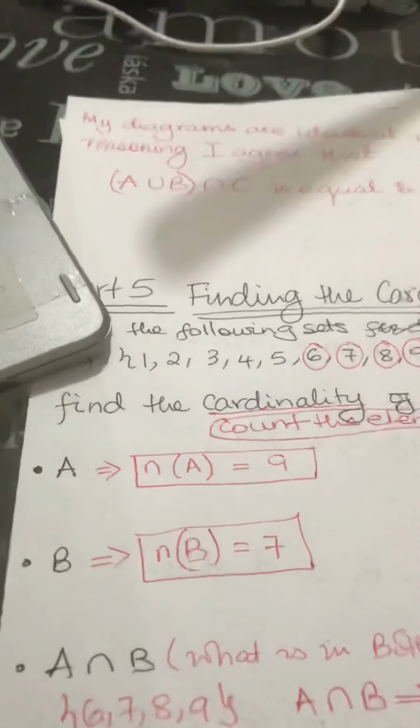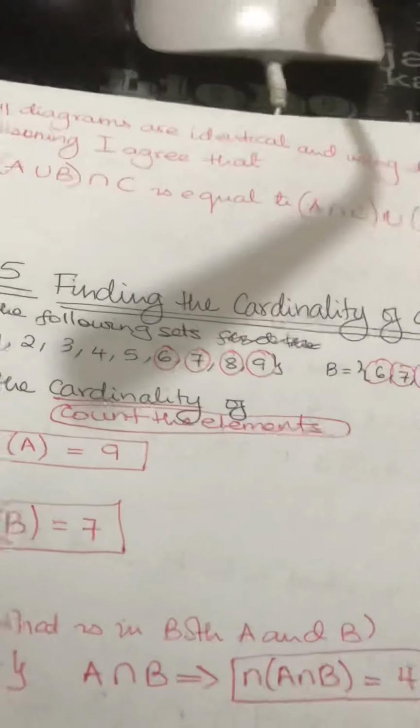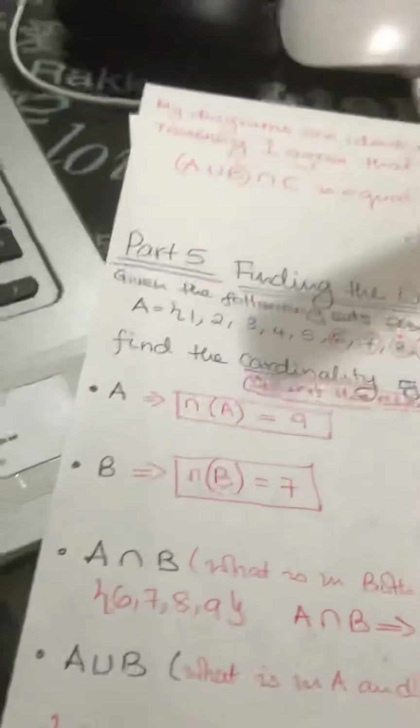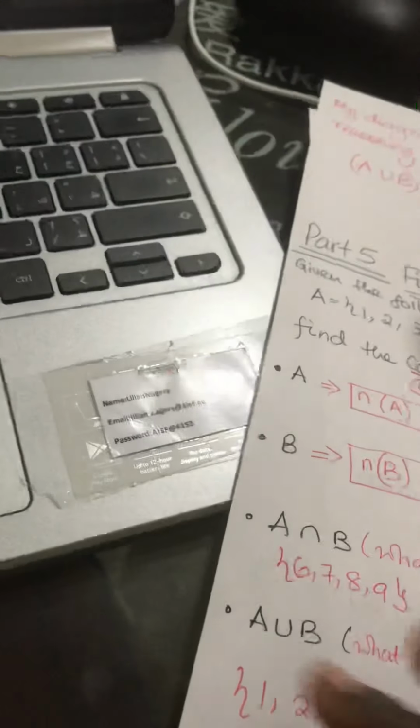Okay? Let's do part 5, finding cardinality of a union. Cardinality means count how many elements are in that set. That's all cardinality means. Find the number of elements. So that means your answer is a number. Okay? So they gave us the sets.